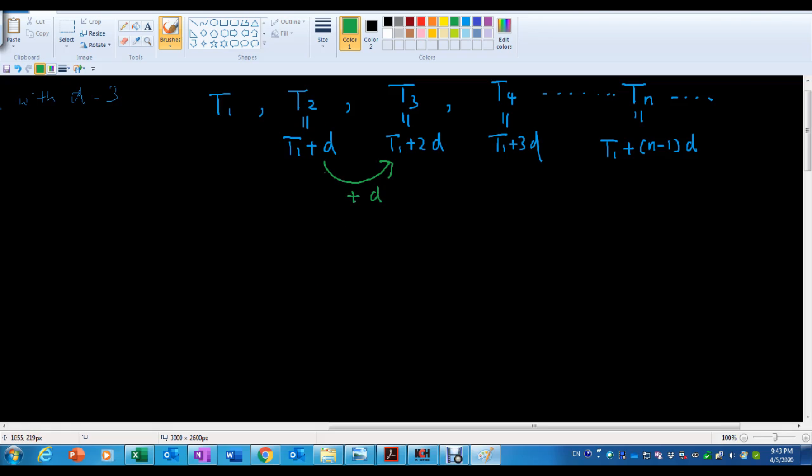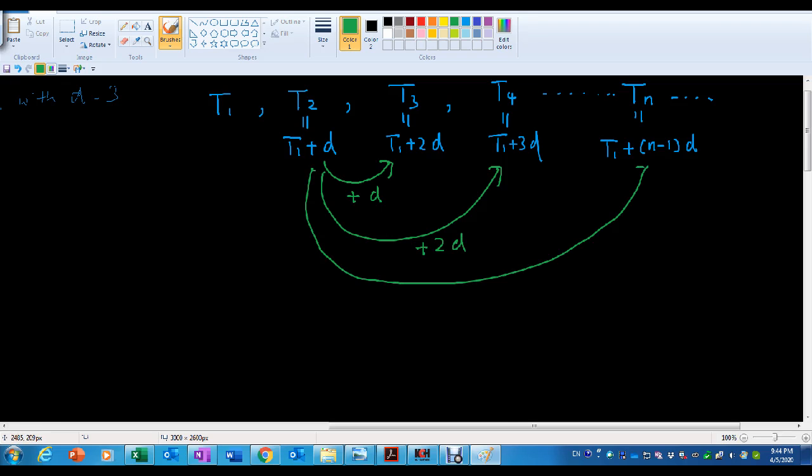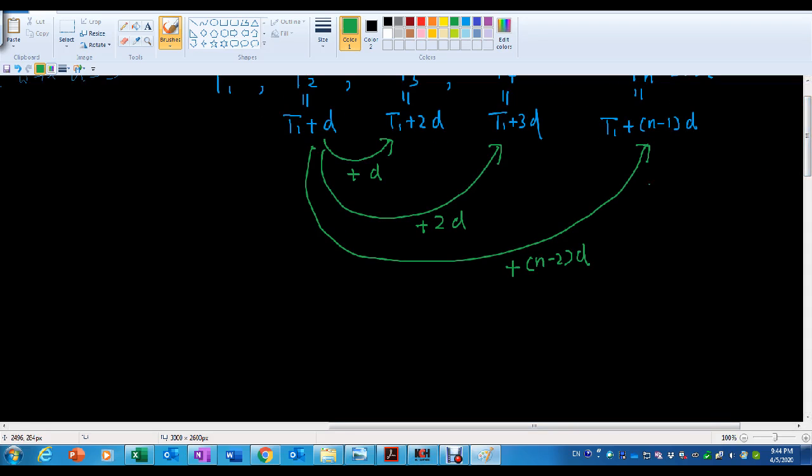But from the second term to the fourth term you add 2D. And from the second term to the nth term, you don't need to add that many D, you only need to add n minus 2 D. So if we start from the second term, not from the first term, our formula becomes Tn equals T2 plus n minus 2 D.